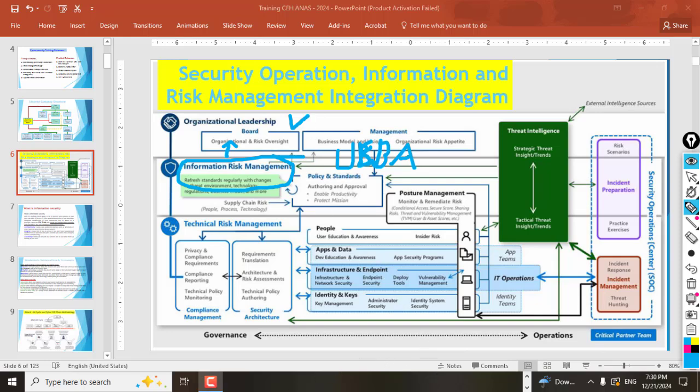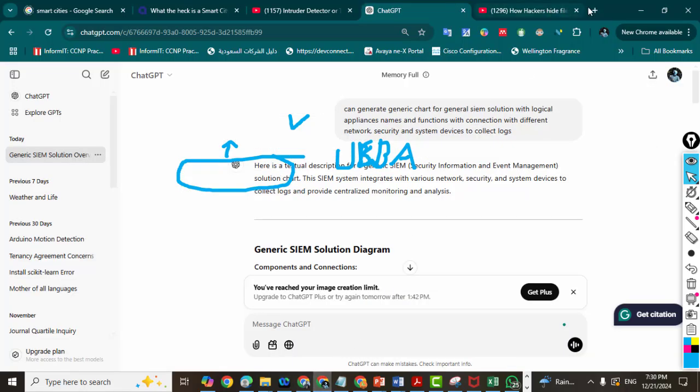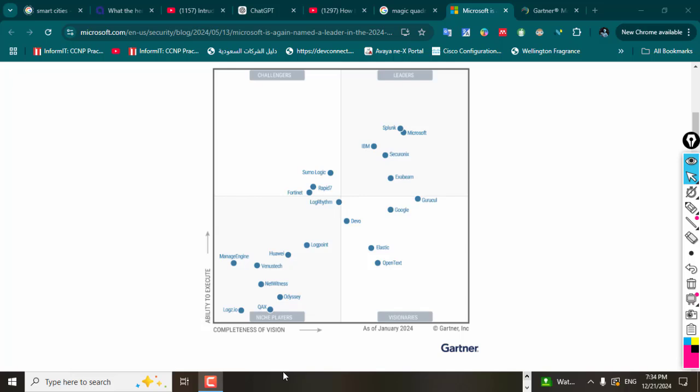So for example, if I need to check SIEM vendors, I can go to any website, let me show you how. Let's talk about the Gartner Magic Quadrant, which can show me the best vendors in 2024 for SIEM. This report is from January 2024.